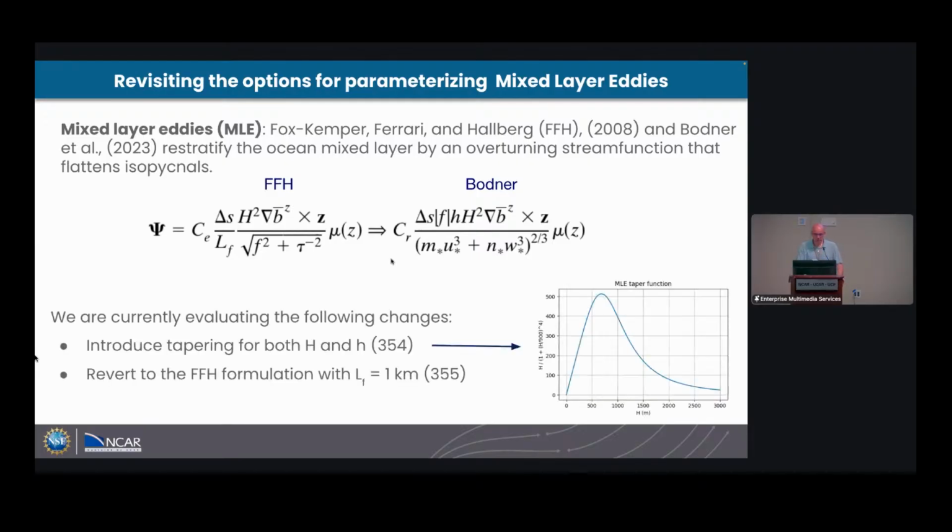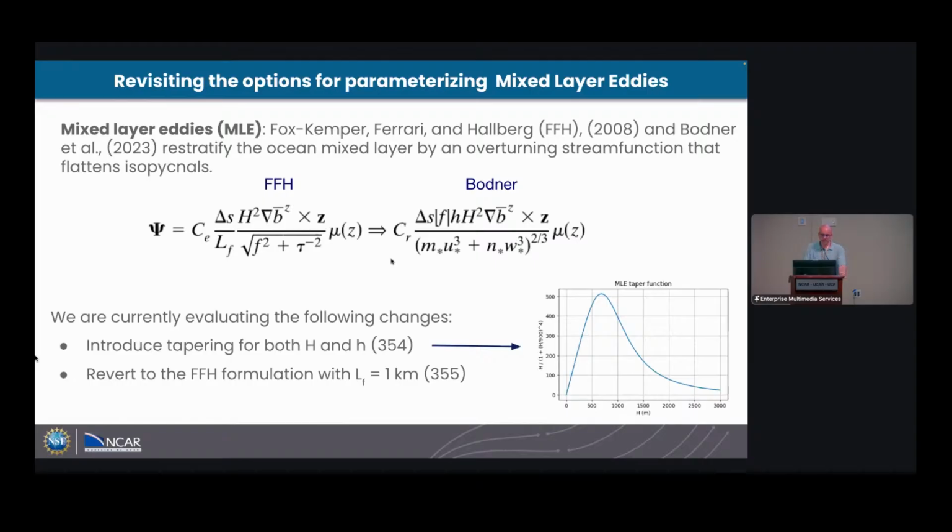So what we are doing now, as we saw these oscillations in the ACC, and also this reversal of the overturning, first, we are going back in the time series and reverting from Bodner to FFH with a length scale of 1 kilometer, and seeing what that does.